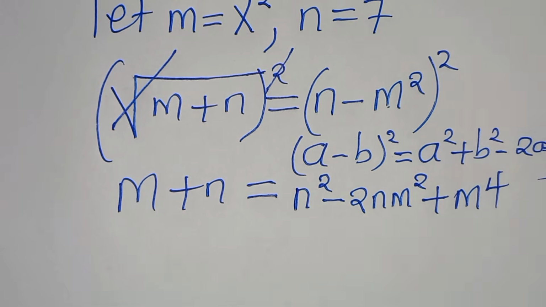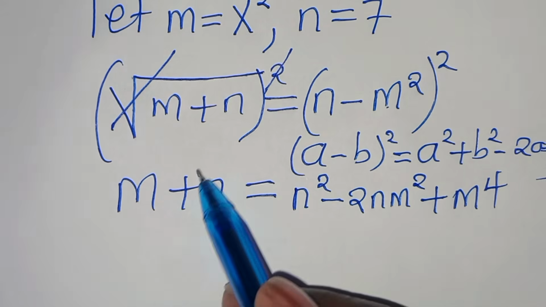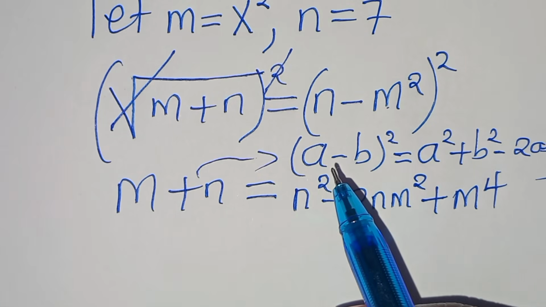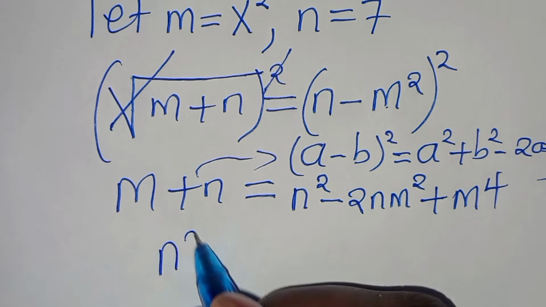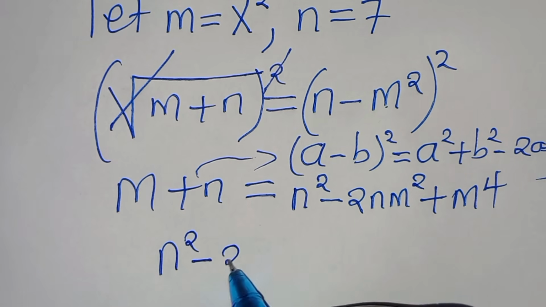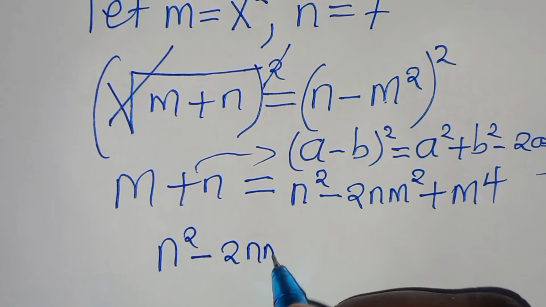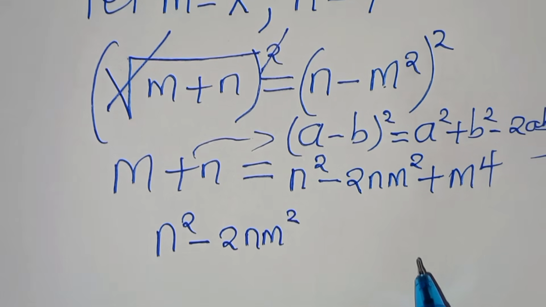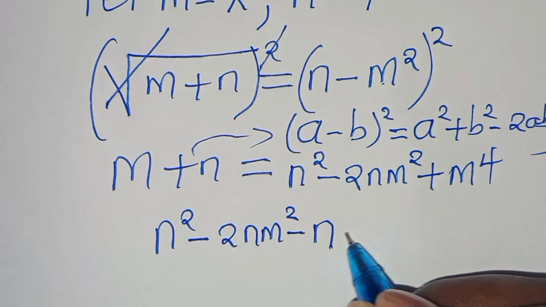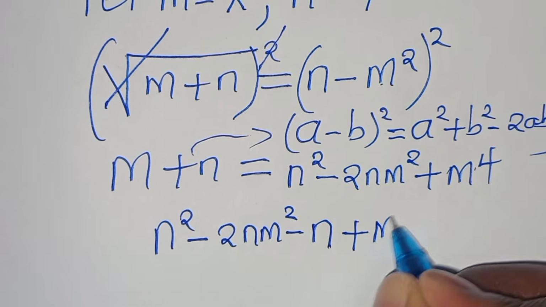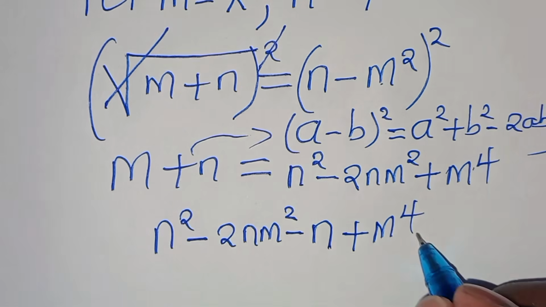Now, the next step, let's take m plus n to the right hand side, so that now we have n to the power of 2 subtract 2n m to the power of 2, then minus n, then we have plus m to the power of 4 subtract m.